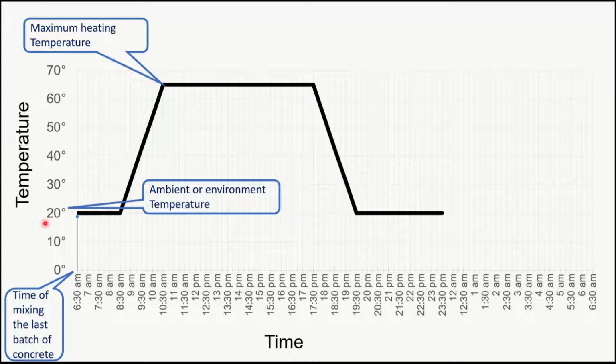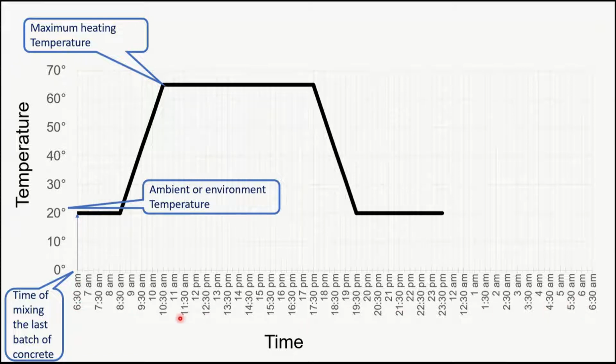The time of mixing the last batch of concrete, and in this chart is 6:30 a.m. and the maximum heating temperature, and in this chart about 65 Celsius.